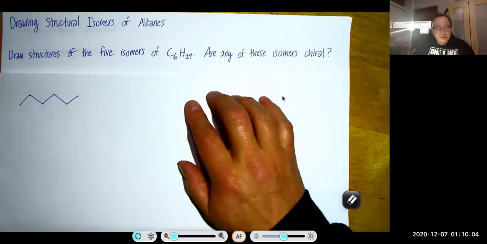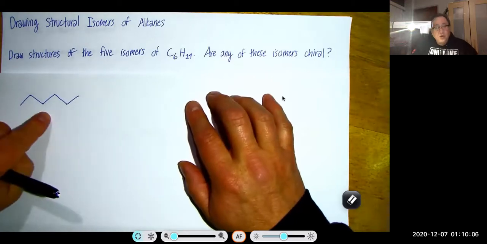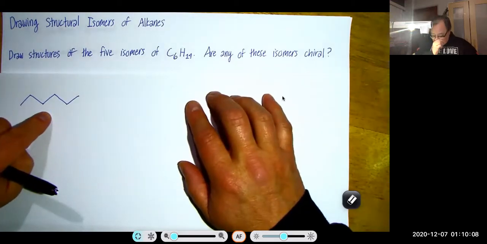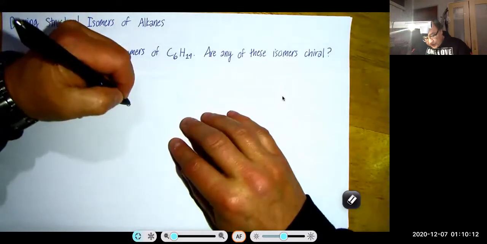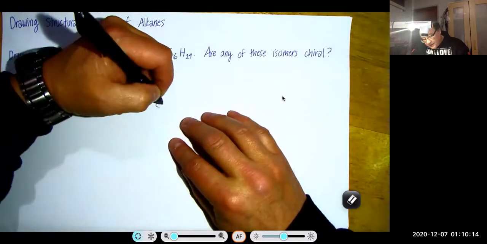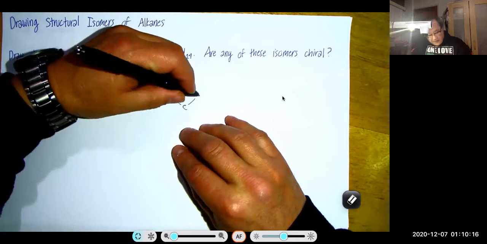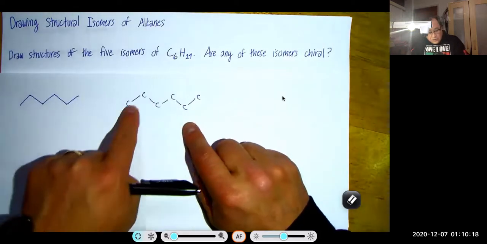And the answer is yes, as long as I don't have a ring or a double bond or a triple bond, I'm going to be fine. And so here, if we fill this in, you can see I've got 6 carbons, 1, 2, 3, 4, 5, 6.